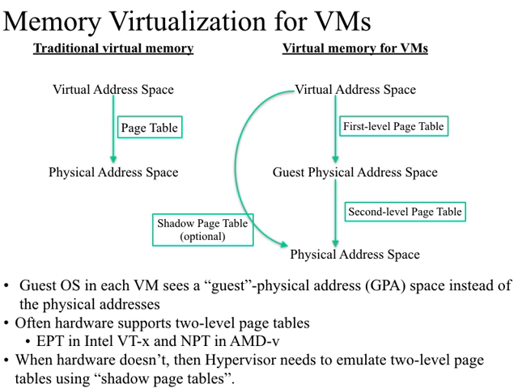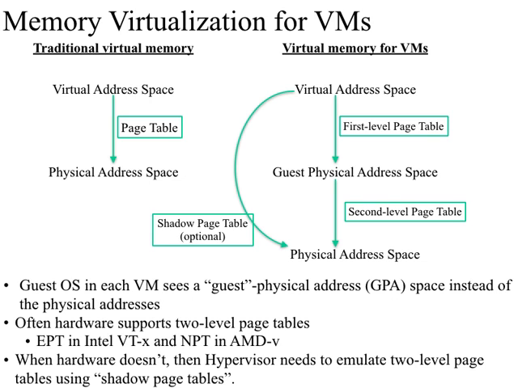You have regular processes executing inside the guest operating system, and there are several guest operating systems that execute on a hypervisor. The first level of memory translation is from the virtual address space to a guest physical address space. A guest physical address space means the view of the physical memory seen by a guest operating system. The second level of translation is from the guest physical address space to the physical memory.